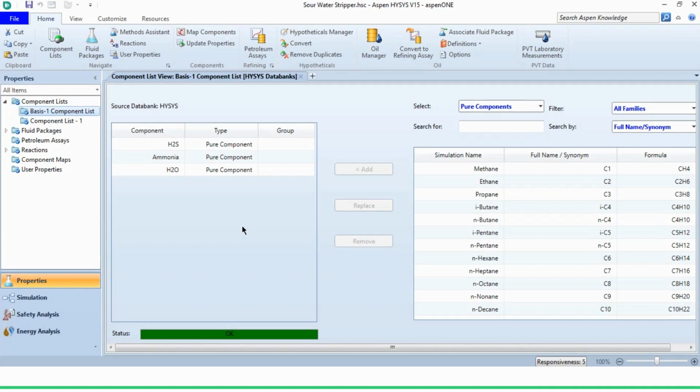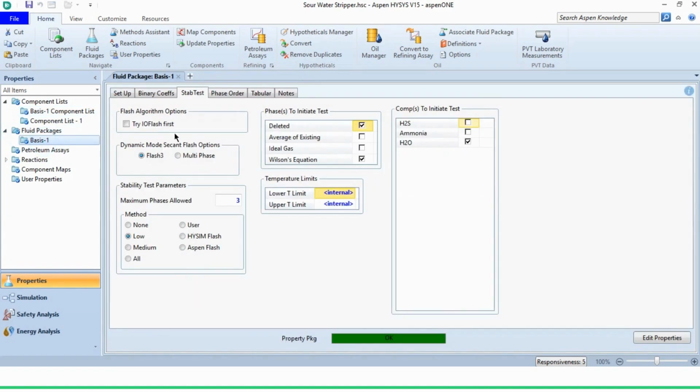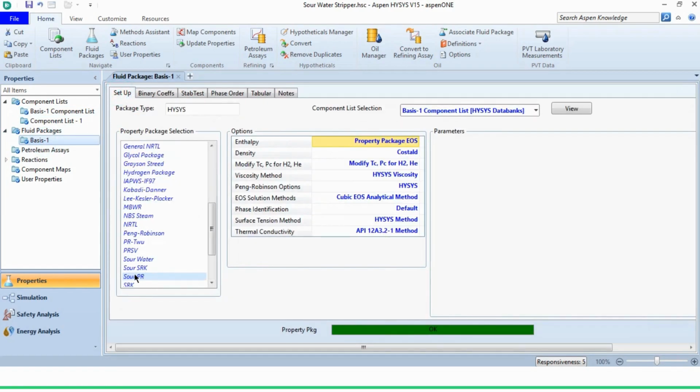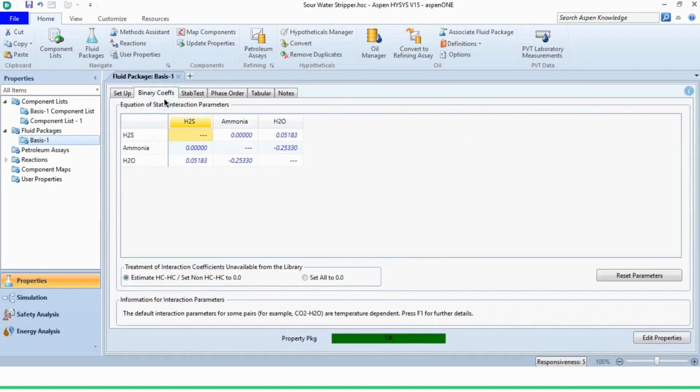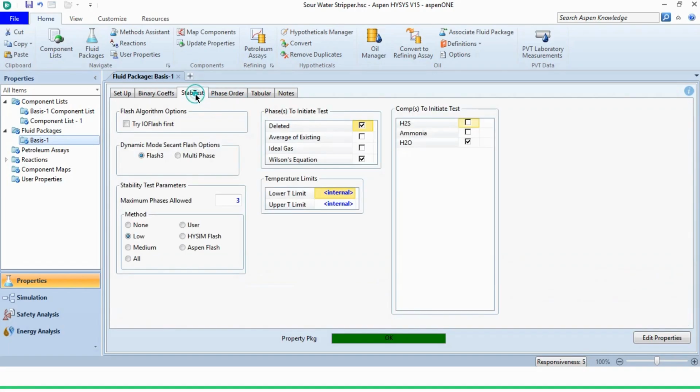So I have added all the things here and we will review these one by one. We have added the components H₂S, ammonia, and water. Then in the fluid package, we have selected the property package as Sour PR. In binary coefficients, please recheck with your system before proceeding that these are the binary coefficients available in the system.